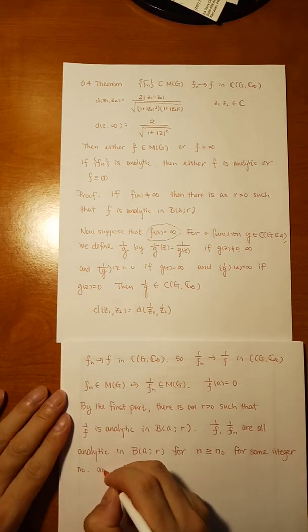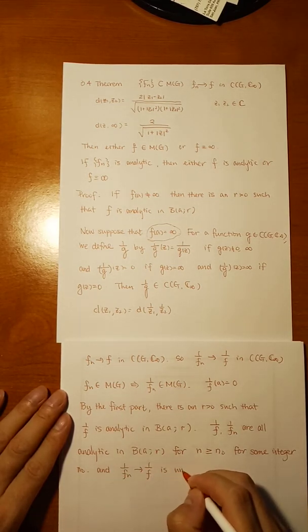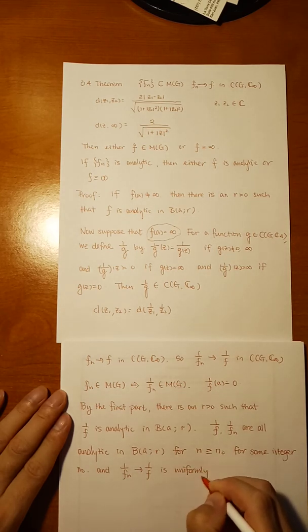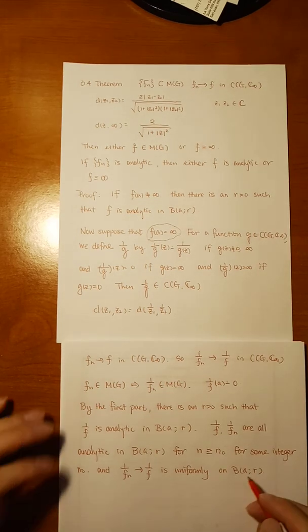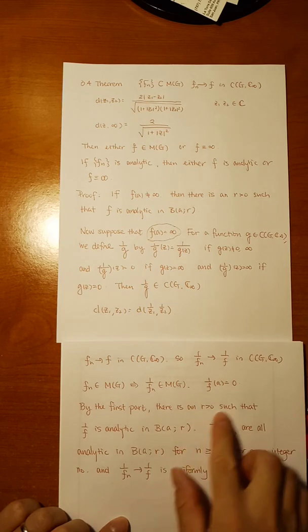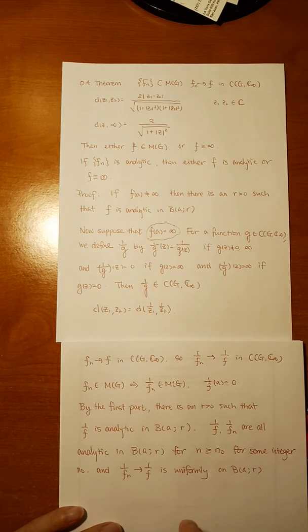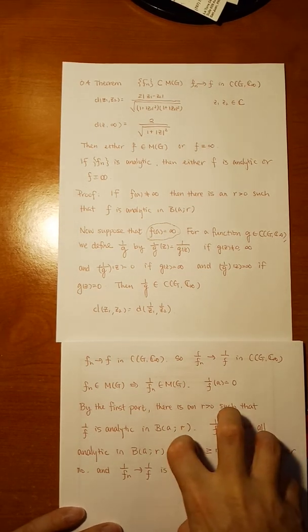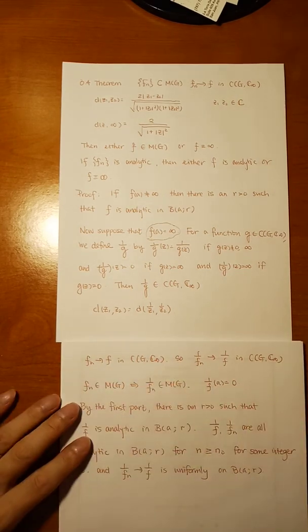And the convergence is uniform on this open disk. So actually, first of all, the convergence is not guaranteed uniform over the open disk. But for this open disk, you choose a small subdisk inside it, and you choose its closure.